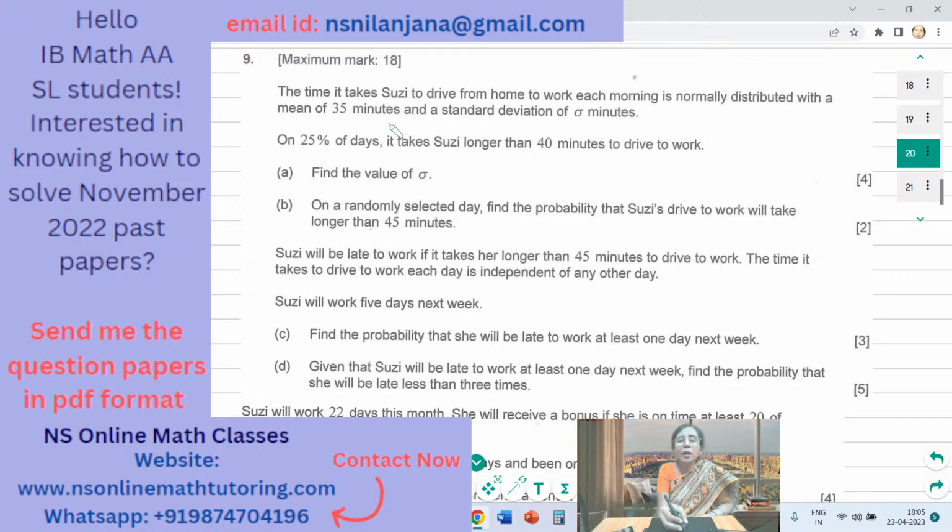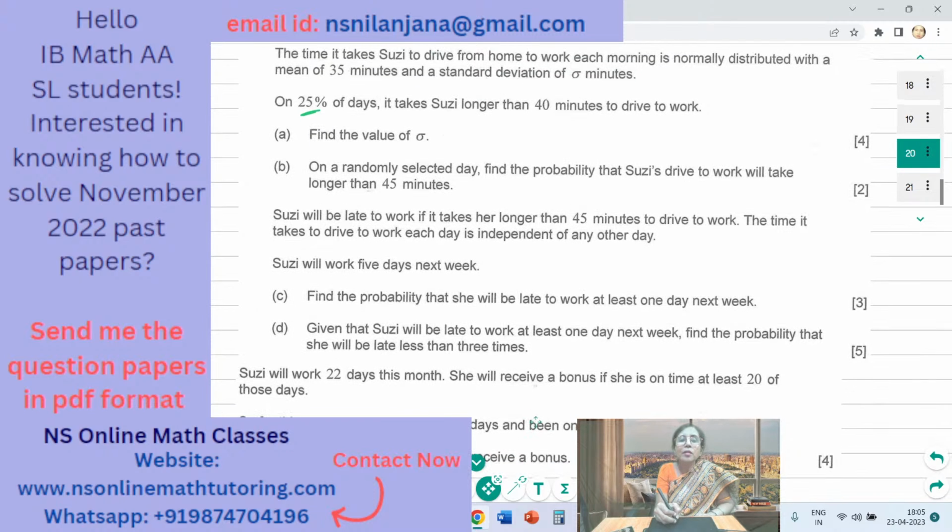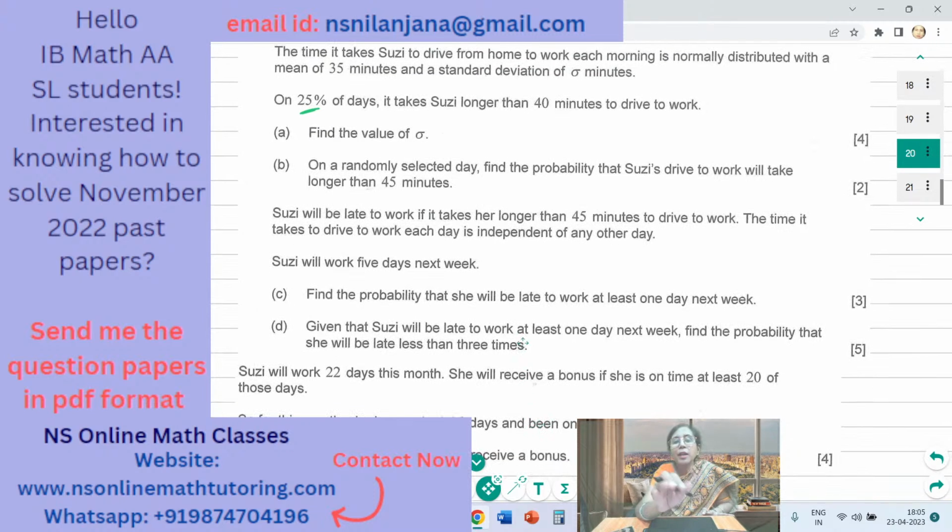Whenever the probability is given, you have to use the inverse normal function to get the data value. And the inverse normal function will always work with less than probability, not greater than probability.